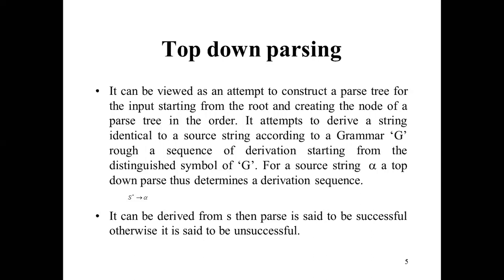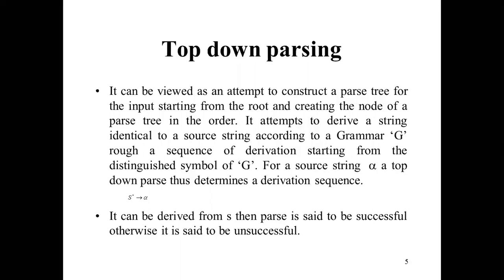So it can be derived from S. S is a set of strings, and then we are going to divide S. What is S star? S star is a combination of several strings, meaning it is a repetition. If there is a star on any character, it means that character is repeating again and again.